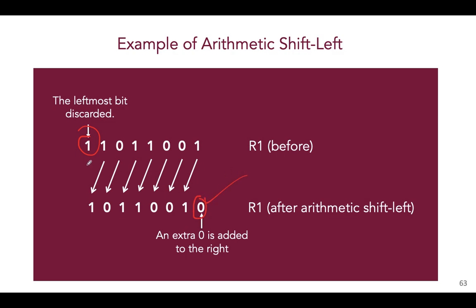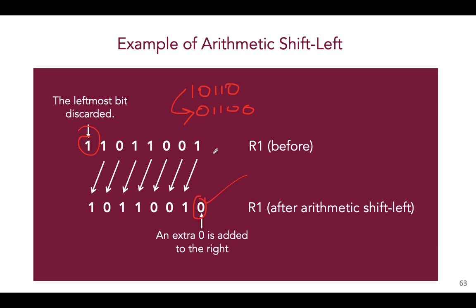This part is fine, but dropping of the bit is quite significant because if this number was 100110001 instead of 110110001, then by dropping this, the first number here would have been 0. If we are shifting 10110, for example, it would have been 01100. What's happening is a negative number is turning into a positive number, which is wrong, right?